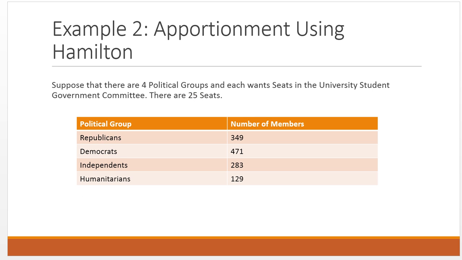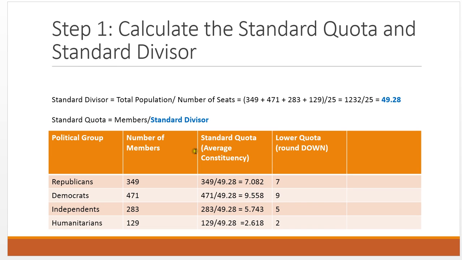We know logically that the larger the group, the more seats they're going to get. But in order to determine exactly how to distribute those seats, our first step is always to calculate the standard divisor. And the standard divisor is the total population. That's the sum of all the people in all the groups, so we're going to add all of those up, divided by the number of seats that are available. In this case, we have 25 seats.